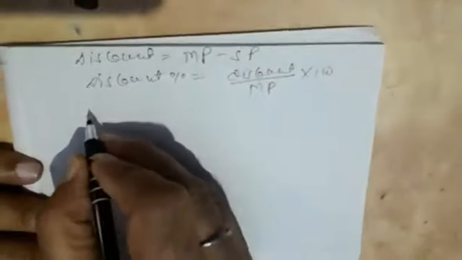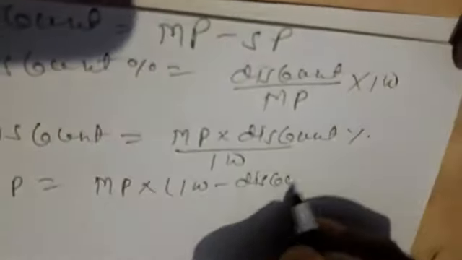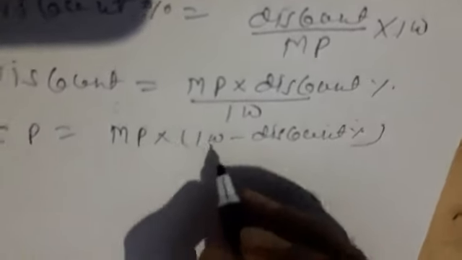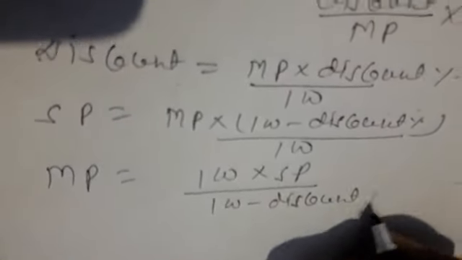In case of MP, discount is equal to MP into discount percent by 100, and SP is equal to MP into (100 minus discount percent) divided by 100, and MP is equal to 100 into SP by (100 minus discount percent).